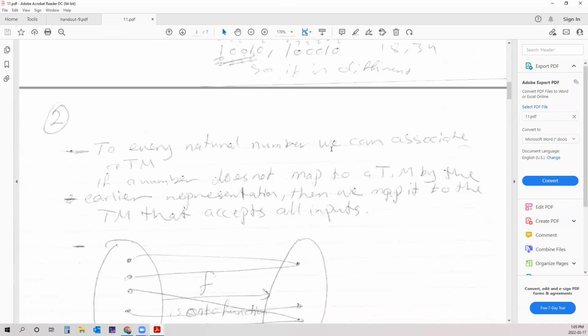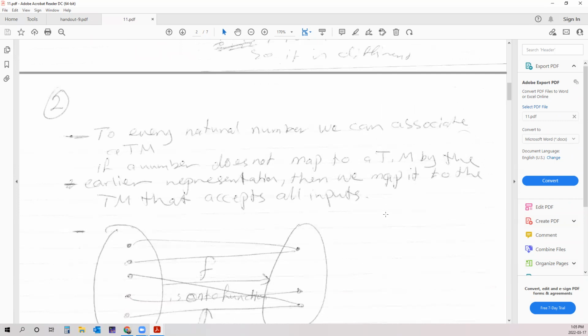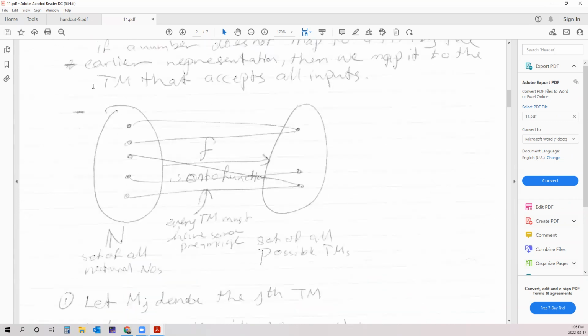To every natural number, we can associate a Turing machine. If a number does not map to a Turing machine by the representation, then we map it to the Turing machine that accepts all inputs. So assume here we have the natural numbers, and here the set of all possible Turing machines.